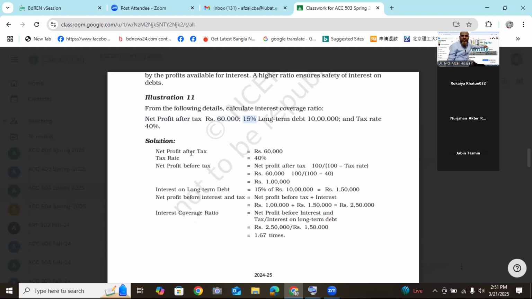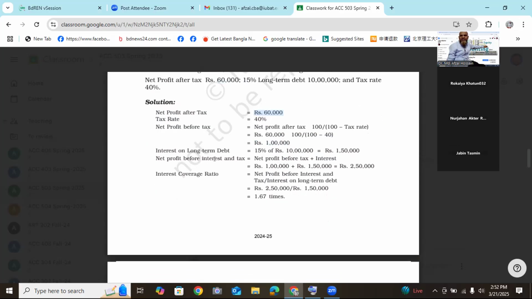Okay, so net profit after tax is 60,000, tax rate is 40%. So net profit before tax is 1 lakh. After tax of 40%, that means 40,000 out of 1 lakh, then 60,000 is net profit after tax.